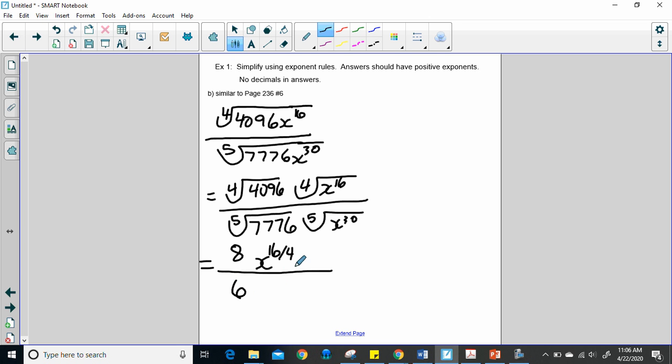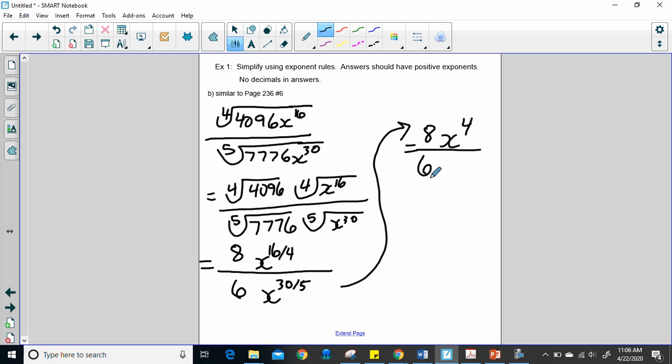And the 5th root of x to the 30, let's write that one in exponent form. So I have 8 over 6, x to the exponent 16 divided by 4. 16 divided by 4 is 4, so I have x to the 4. 30 over 5 is 6, so I have x to the exponent 6 in the denominator.